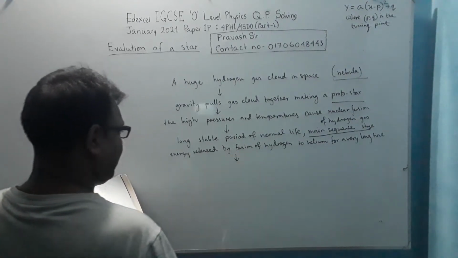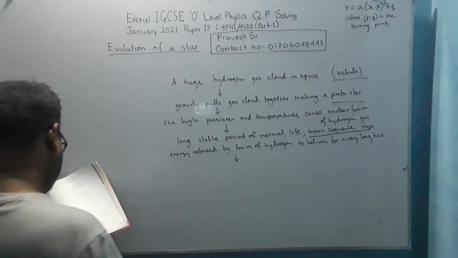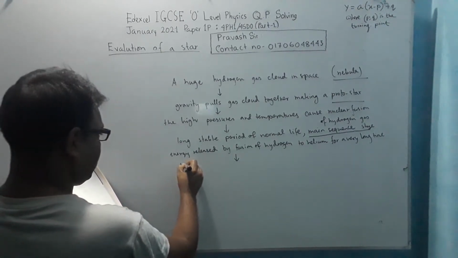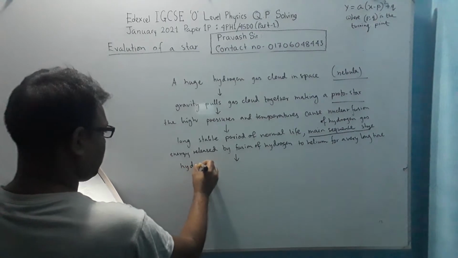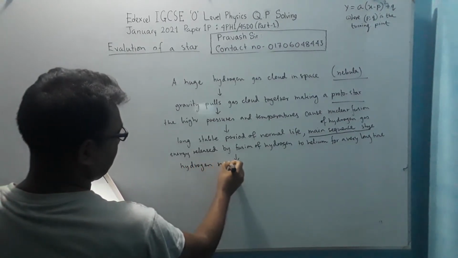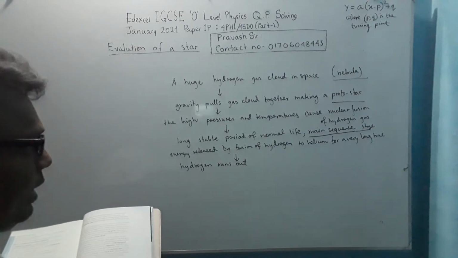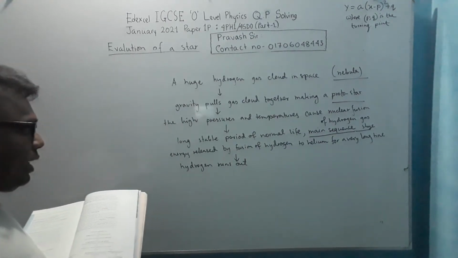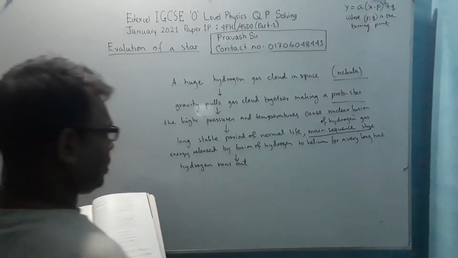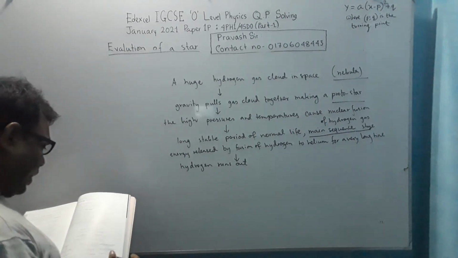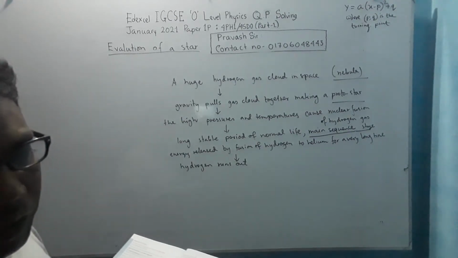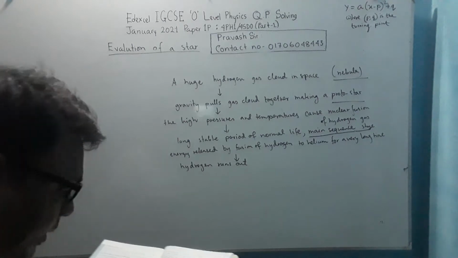So after that, hydrogen runs out in the main sequence stage. When all the hydrogen gas runs out in the main sequence stage, then the fusion of helium starts.